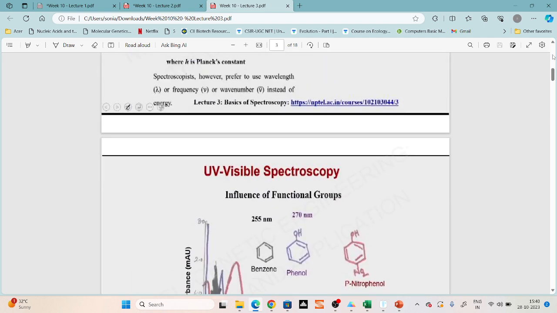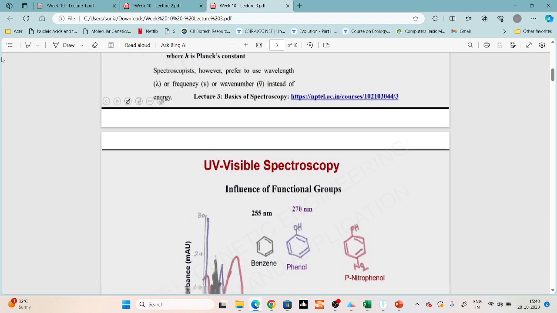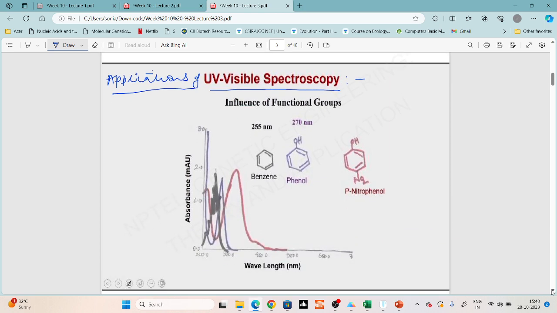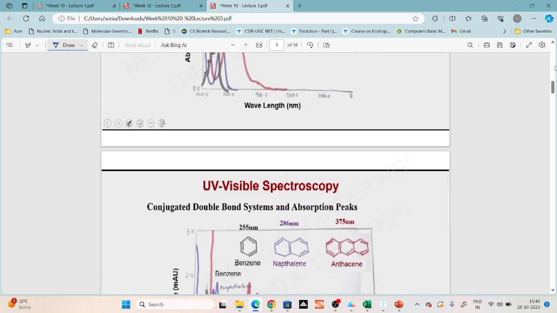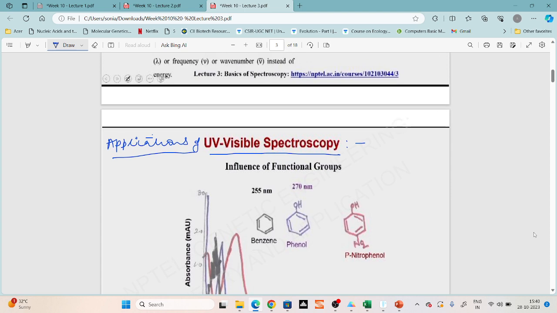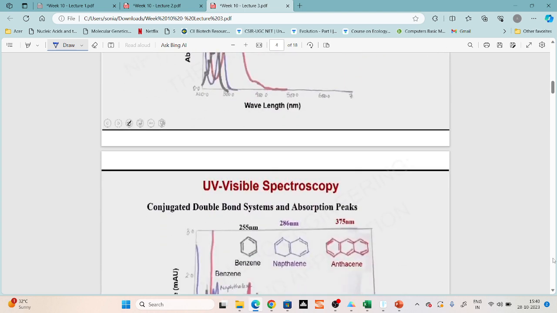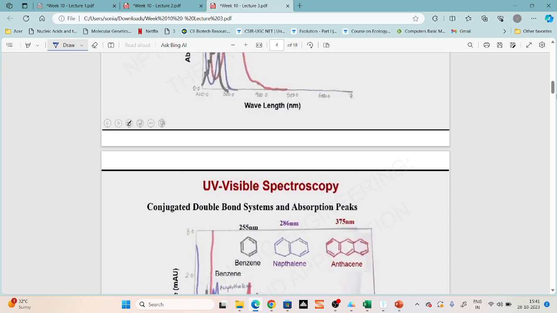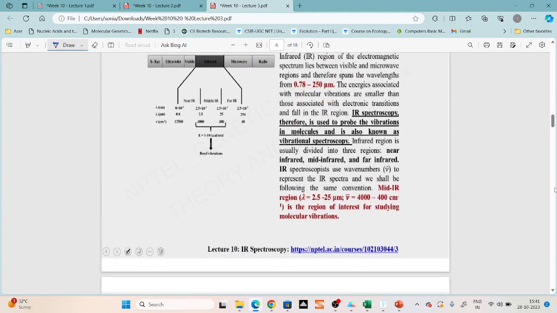Now we are seeing the applications of UV visible spectroscopy. They have an influence on the functional groups, conjugated double bonds and absorption peaks, large molecular wavelength, and all this.